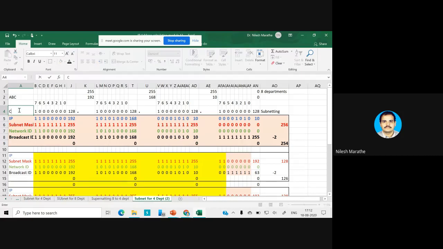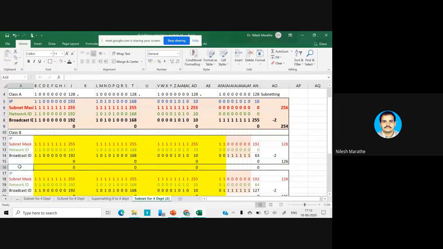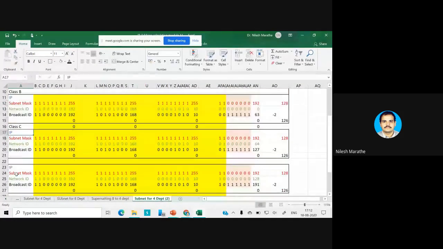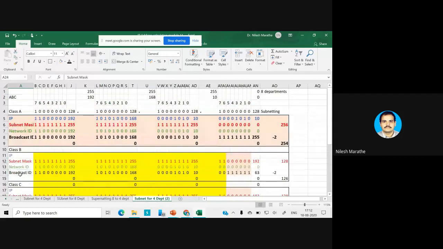Class A. Anyone knows about class A? Then we go for class B. Then we go for class C. Then class D. Classes A, B, C are mostly required. The rest are fine later.